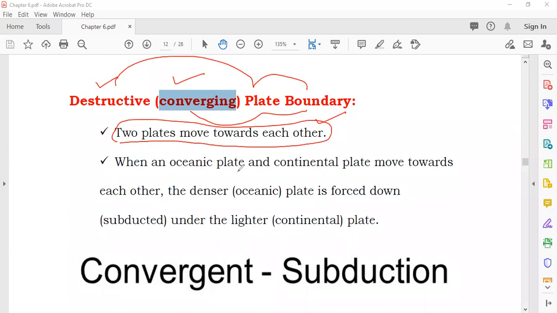When an oceanic plate and a continental plate move towards each other, the denser oceanic plate is forced down under the lighter continental plate. Let's see here. Let's say this is the plate. Which plate is this? Let's say this is the oceanic plate. And this plate is known as the continental plate.